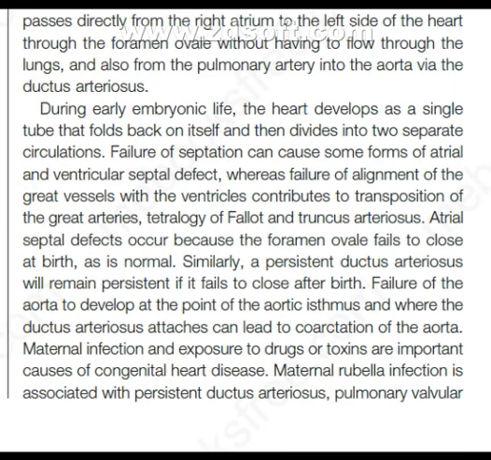Atrial septal defects occur because the foramen ovale fails to close at birth, as is normal. Similarly, a persistent ductus arteriosus will remain persistent if it fails to close after birth.